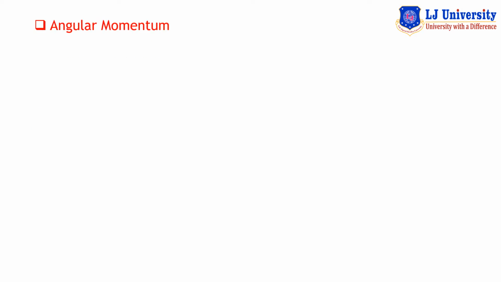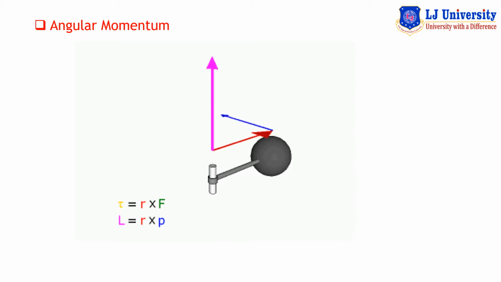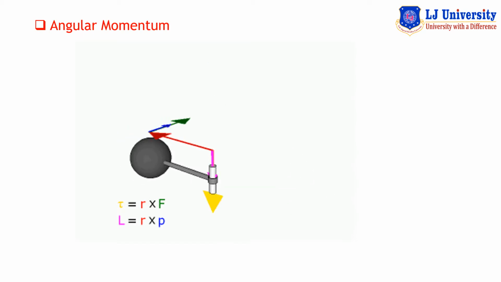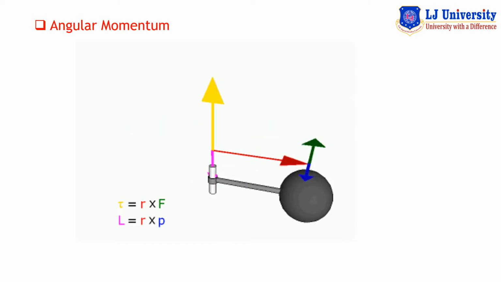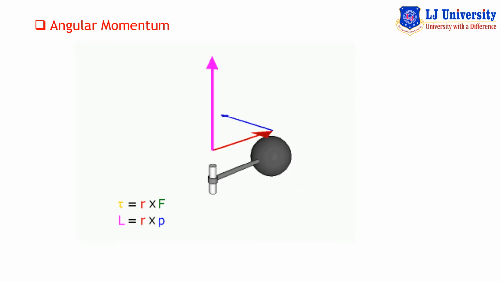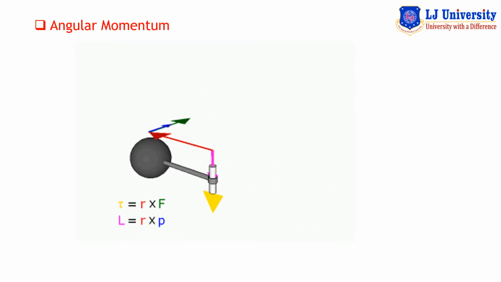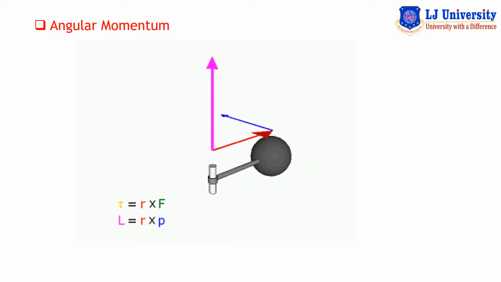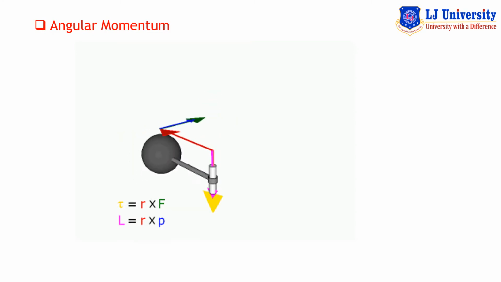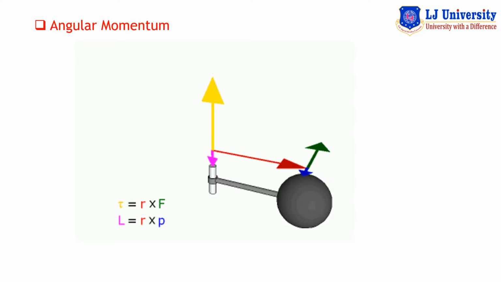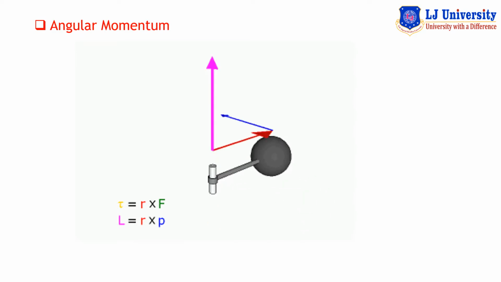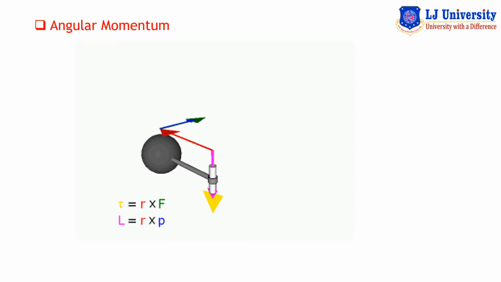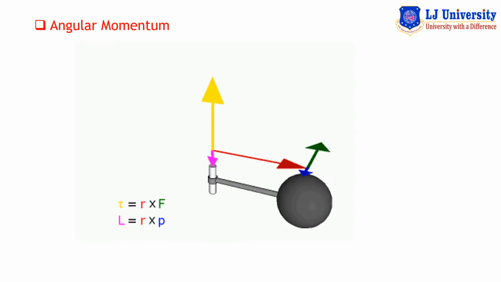Okay, so first we have to understand what is angular momentum. There are two types of momentum. First one is linear momentum, and second one is angular momentum. As you all know, the concept of momentum is nothing but mass into velocity. When we discuss linear momentum, we multiply mass with its linear velocity.